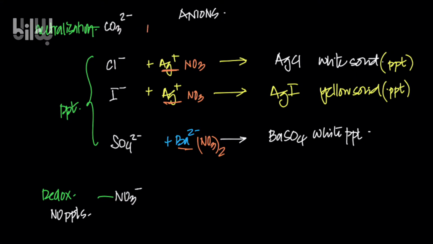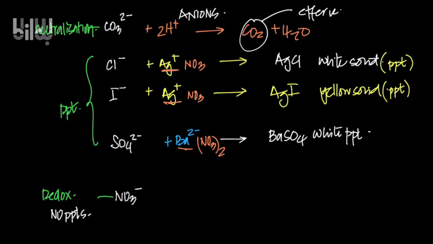So what I do is I add acids to carbonates, because then they give me carbon dioxide and water. And carbon dioxide I can test for. It's a very fast evolution of gas, for which the word to use is effervescence. And the gas carbon dioxide turns lime water milky.